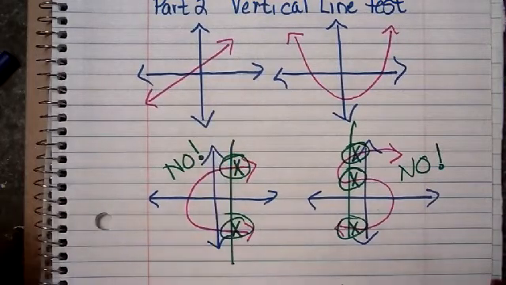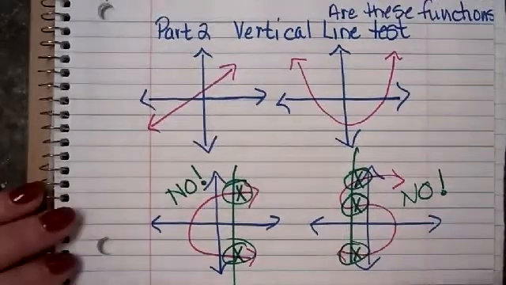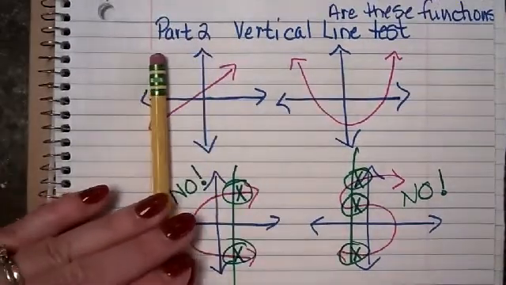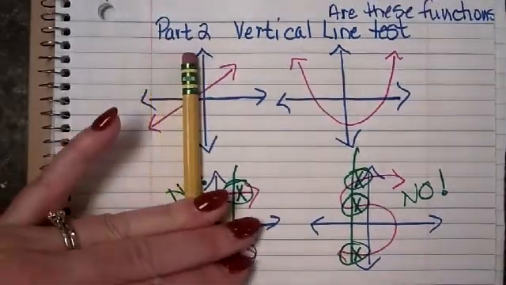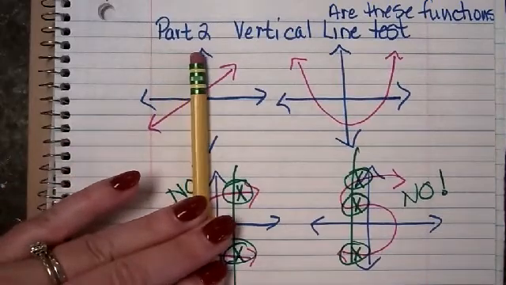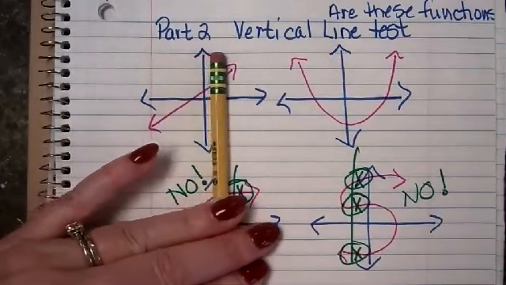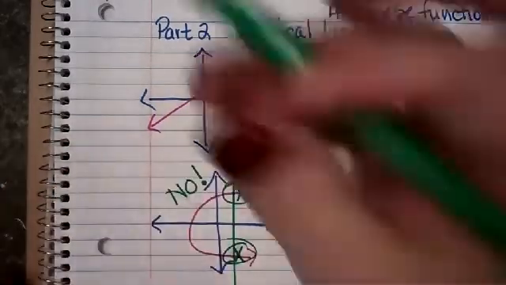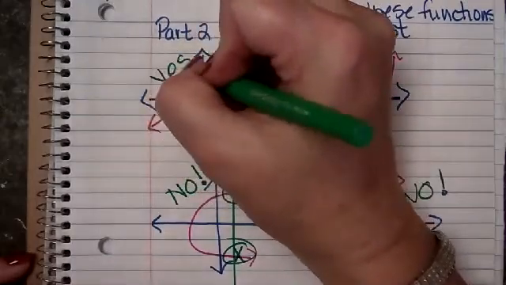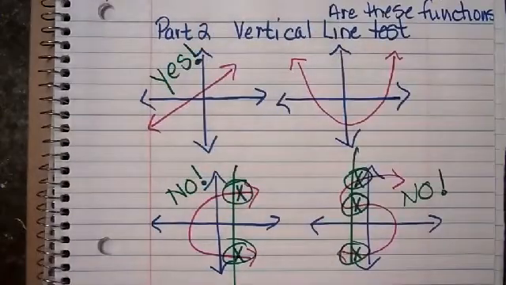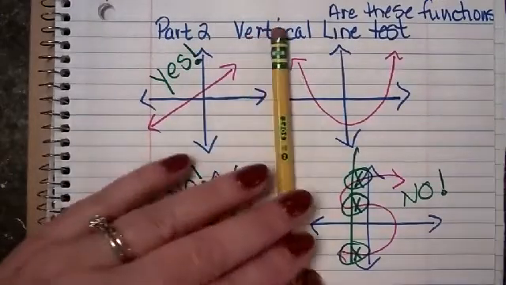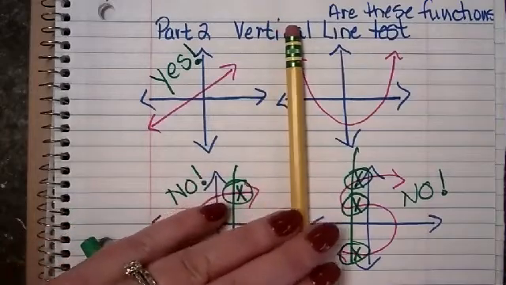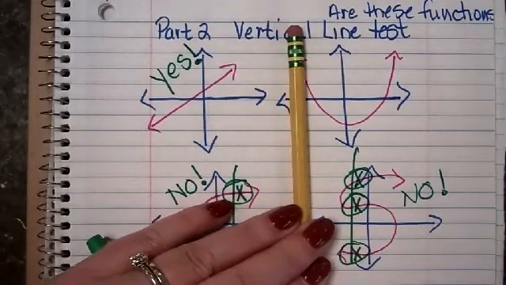Okay? Well, now look up here at the line. If I roll my pencil, my vertical line across the picture, everywhere I stop it, it is only touching that line in one spot. So I would say, yes, this is a function. Look right here, on my little U. That U shape is actually called a parabola.